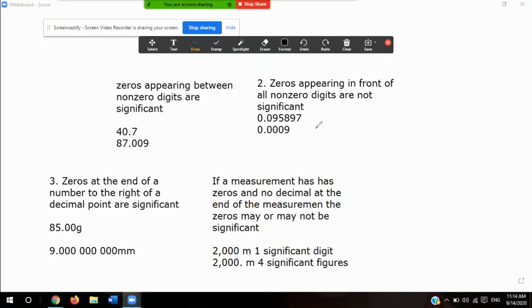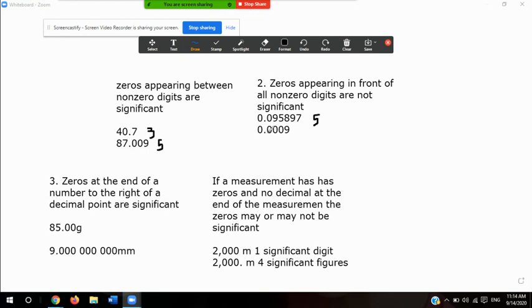The 40.7 has 3 because the zero is between the 4 and the 7, and the 87.009 has 5 significant figures because the zeros are between 7 and 9. So again, going to rule number 2, all zeros to the left are not significant. So these two zeros are not significant, and if I count from 95897, there are 5 significant figures.